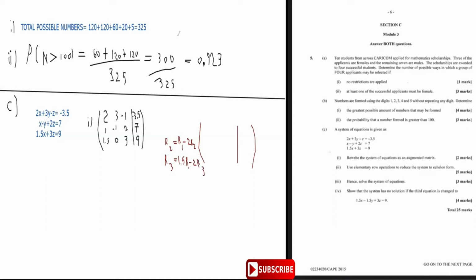And what we're going to get is row 1 automatically stays the same: 2, 3, minus 1, and minus 3.5.